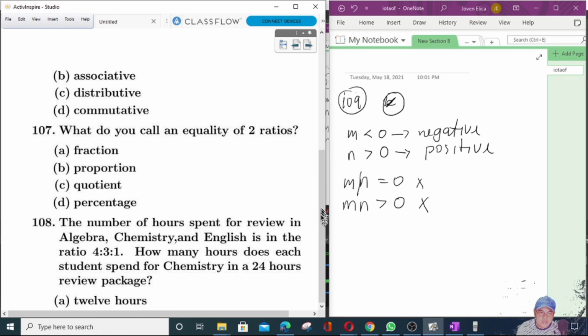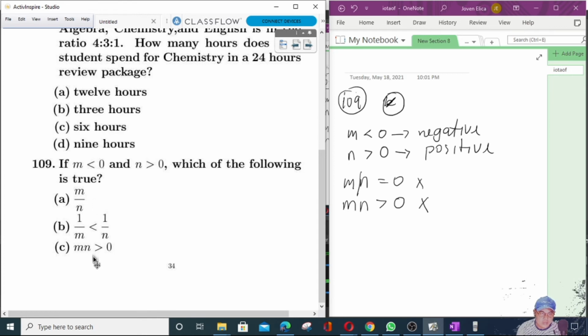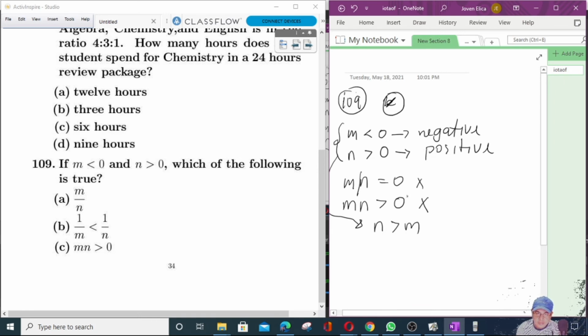In 109, one is less than, the other is greater than, so which is correct among these two? Let's try. From the original condition, m is less than 0 and n is greater than 0, these can actually be expressed as n greater than m. This is negative, this is positive, so therefore n is greater than m.